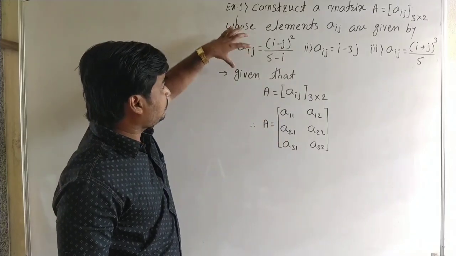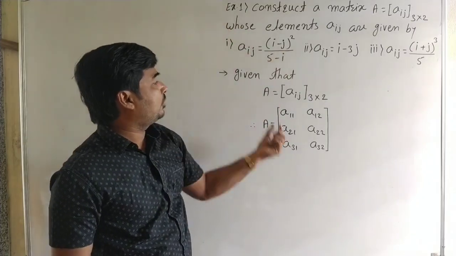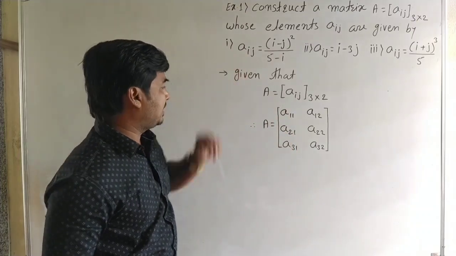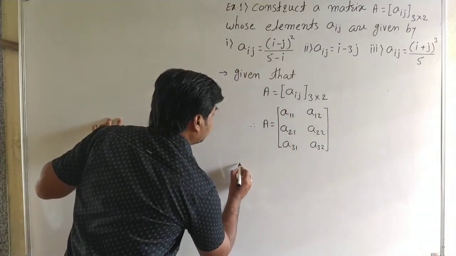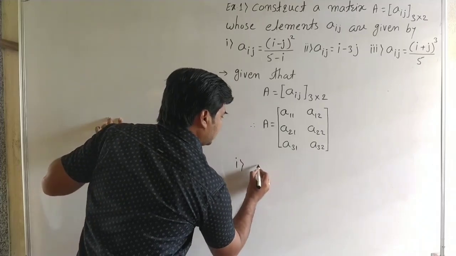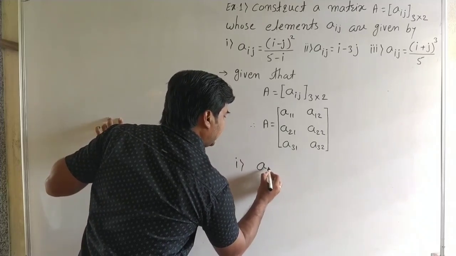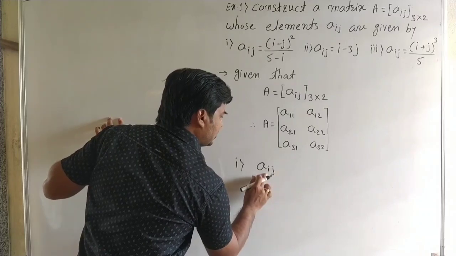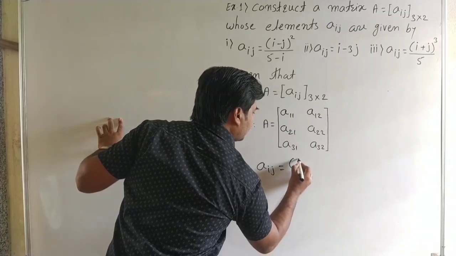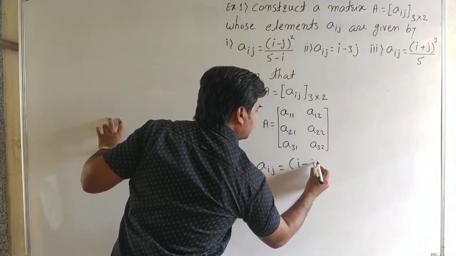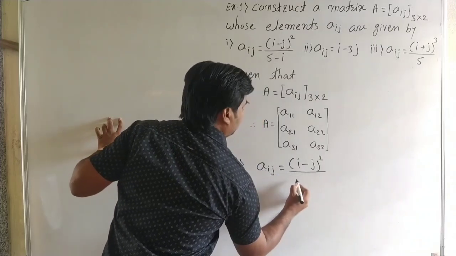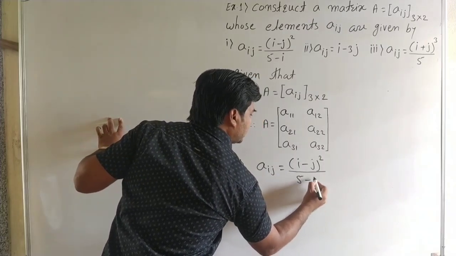But here conditions are given for taking the elements in the matrix. It is the first example. See carefully. In the first example there is a condition: the element a_ij, where i is the row number and j is the column number, is equal to (i minus j) square upon 5 minus i.